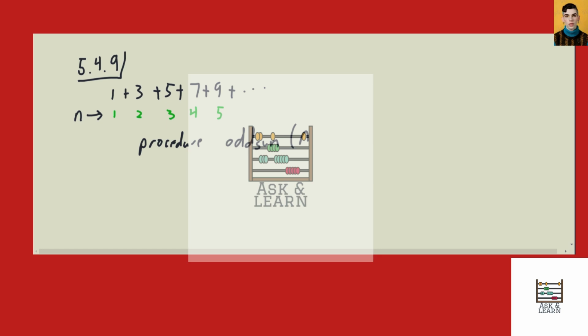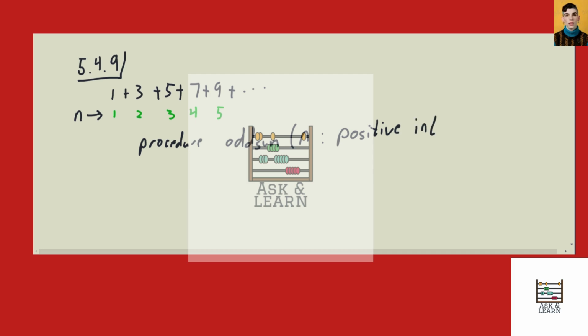So n should be a positive integer, because it wouldn't make sense to find the sum of the first 0 odd integers or something like that.